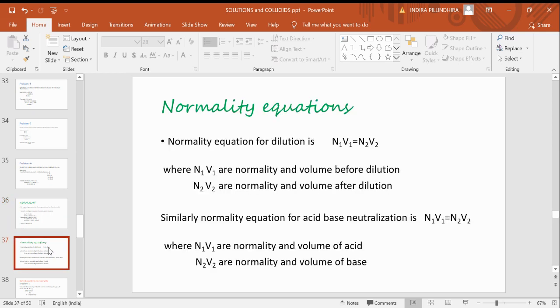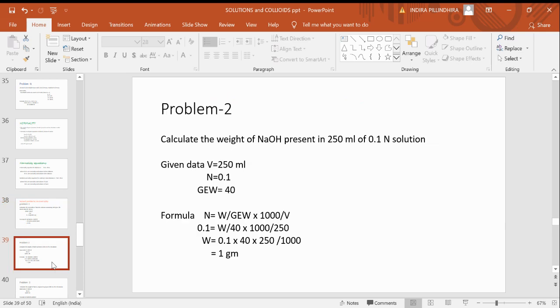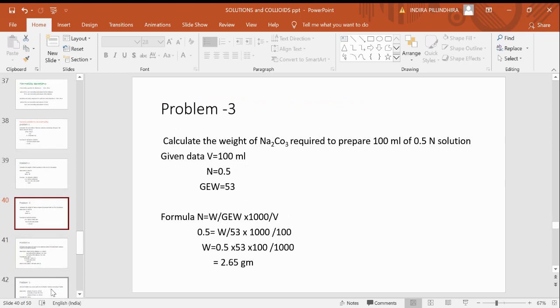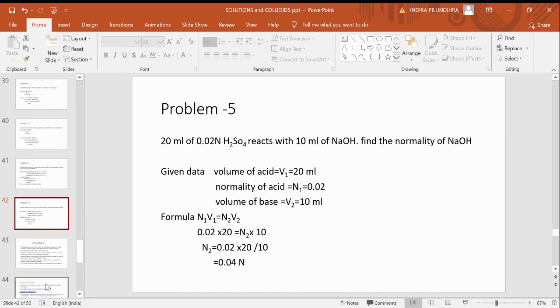Then we have seen the normality equations for dilute solutions and also for neutralization. Again here we have seen some solved problems: problem 1, 2, 3, 4 and 5. So we have seen 5 solved problems on normality.